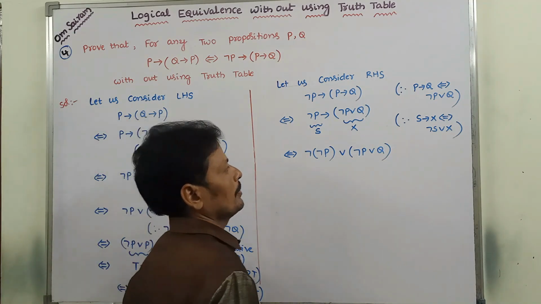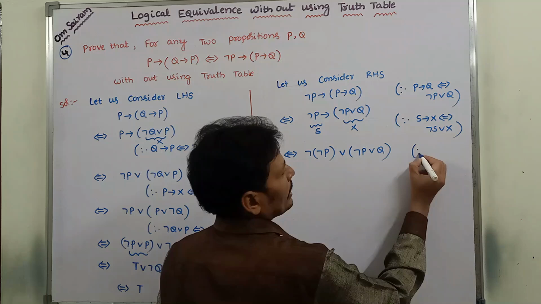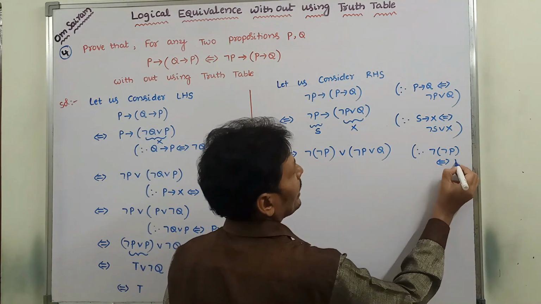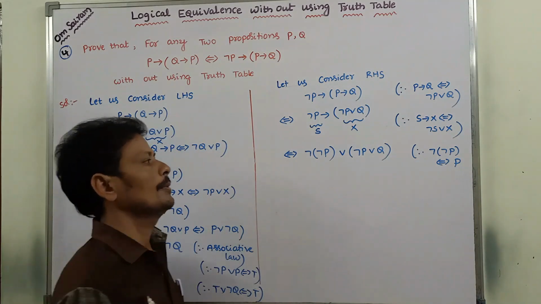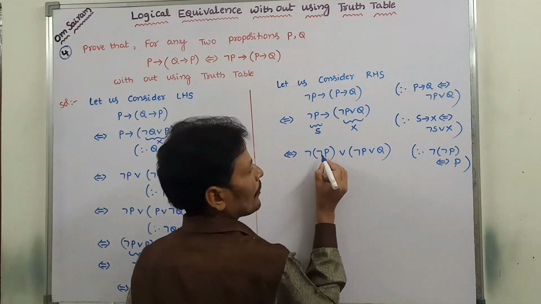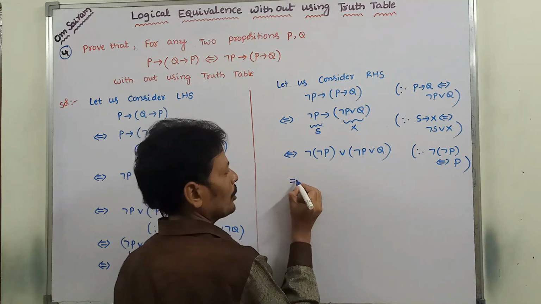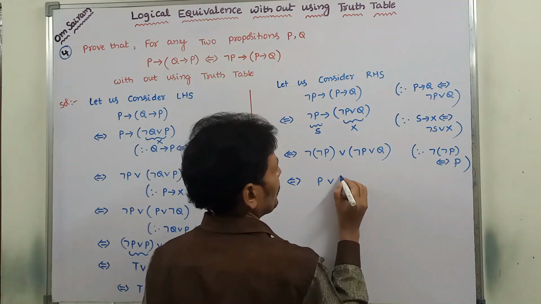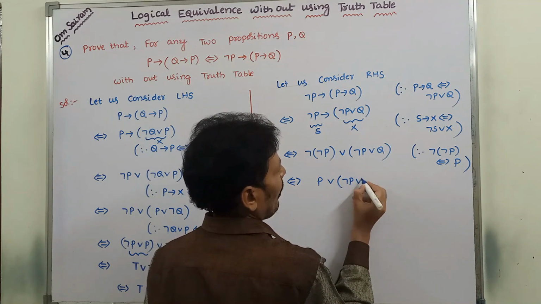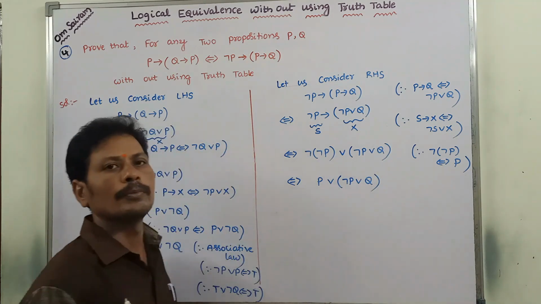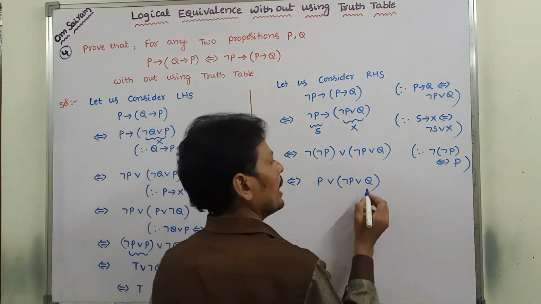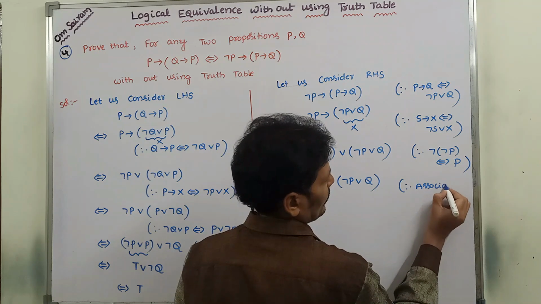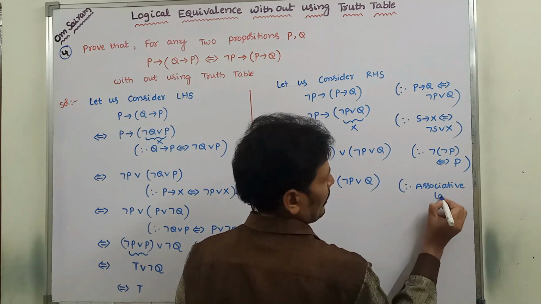Okay. Next one. So, we already know that negation of negation P is logically equivalent to P. Okay. So, in the place of negation negation P, we have to write P. So, P or negation P or Q. Okay. Here I am applying the associative law.